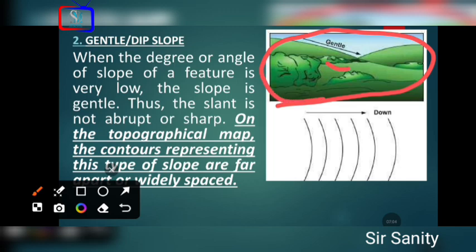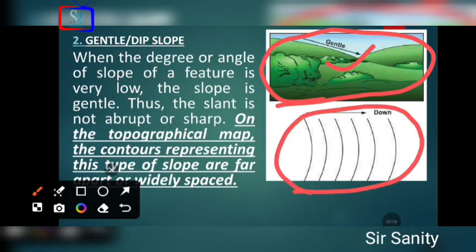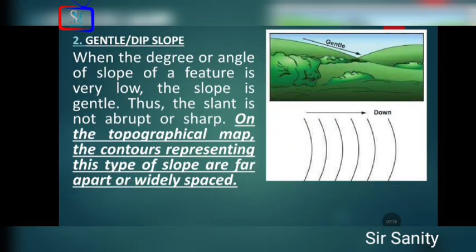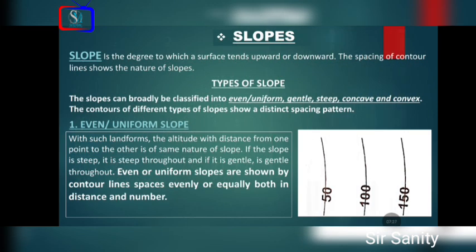But this nature of the contour will tell you that the place is having a gentle slope. On the topo sheet, the contours representing this type of slope are far apart or widely spaced. You can see the spacing between them is not the same.